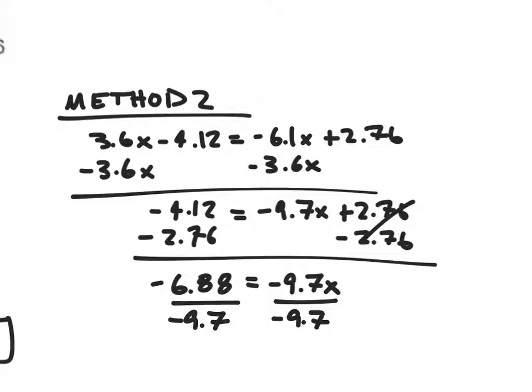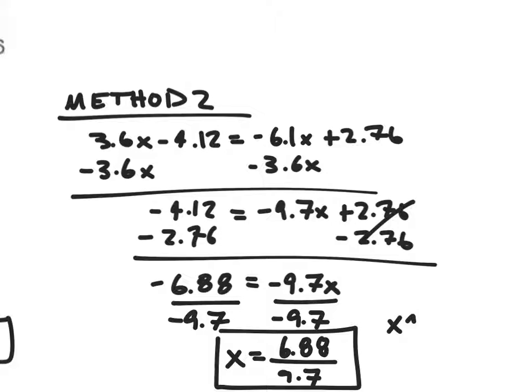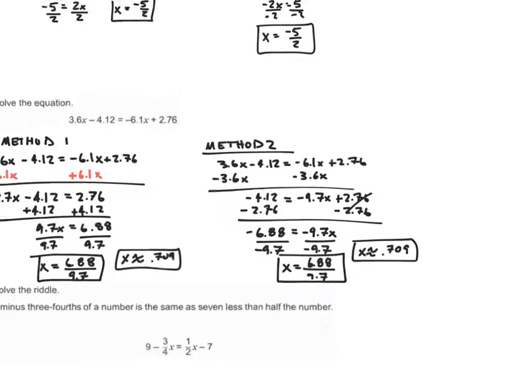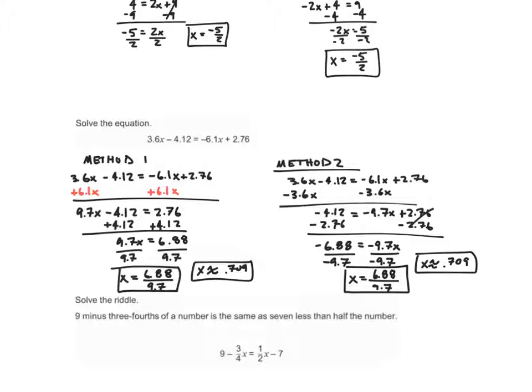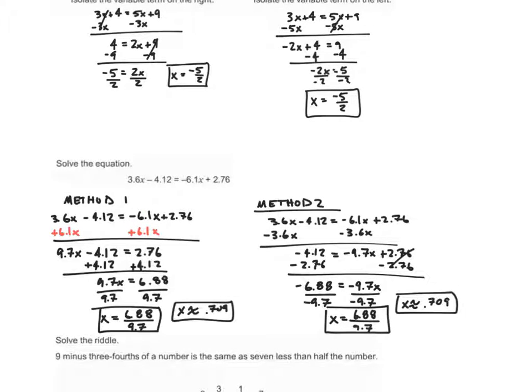All right, so 6.88 negative divided by 9.7 negative gives me that x is equal to 6.88 over 9.7. Okay, that's one of them, and then I could say that x is approximately 0.709. Okay, and so that's what I've got. So that's that. So, understand that it doesn't matter what you do. As long as what you're doing is a legal math move, then you're good, okay?